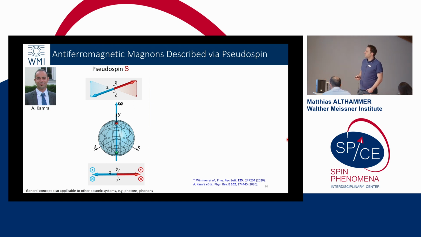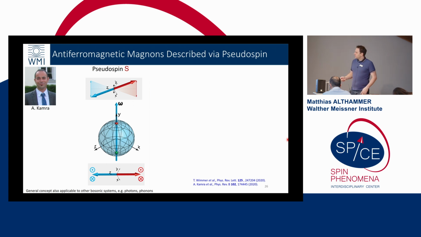Akash is the one who is responsible for the theory work behind it. This concept comes with an idea to map out the different magnon states that you can have in a system.